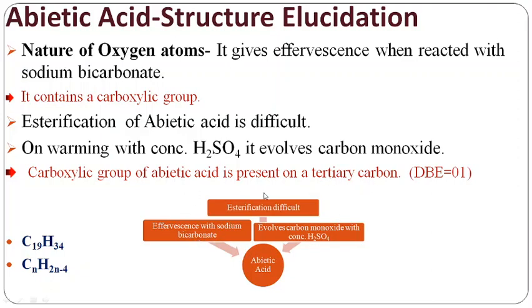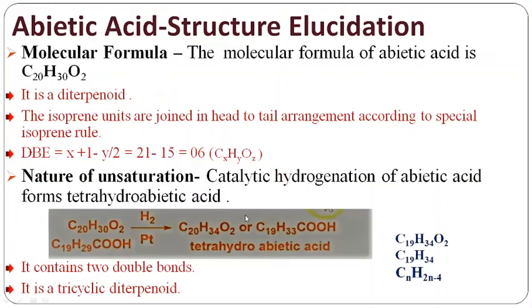So these are the 3 reactions or chemical analyses by the help of which we reach the nature of the oxygen atoms. It is a carboxylic group which is present on a tertiary carbon, making the esterification difficult. The presence of the carboxylic acid corresponds to a double bond equivalent equal to 1, because 1 double bond is present.